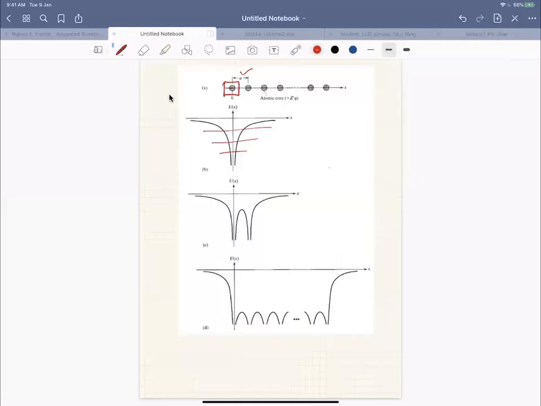Now if I bring all these atoms together, if I put a second atom, the potential energy of the first atom will interfere with the potential energy of the second atom.